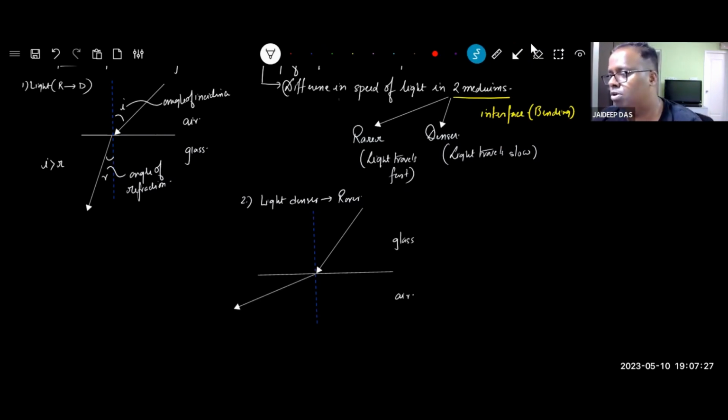Let me plot my I and my R. In this case, I will be less than R. Here speed is less, here speed is more.